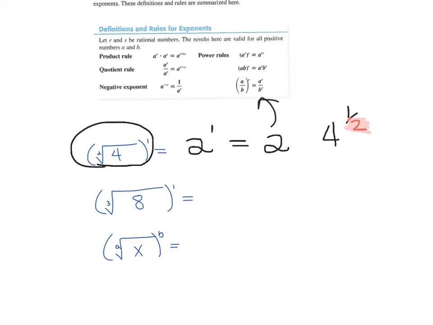Now, technically you could do the exponent first and then find the root, but I always find the root first. It makes the number smaller. So for example, on the next one, the cube root of 8, we're looking for what number times itself 3 times would give me an 8.